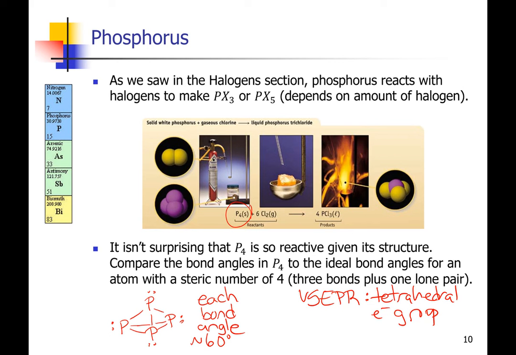And since they have 1 lone pair, we would be looking at trigonal pyramidal molecular geometry, and therefore we would be looking for bond angles that were a little bit smaller than 109.5 degrees, 109.5 being the right bond angle for a tetrahedral molecule, but the lone pair takes up more space and squeezes the bonds together, but it doesn't squeeze them as closely together as 60 degrees. P4 is highly strained. Those bond angles are much smaller than would be ideal, and as such, it is a very reactive material.